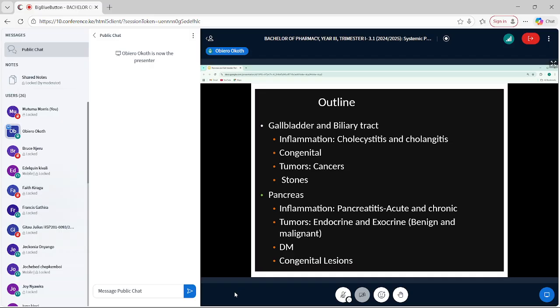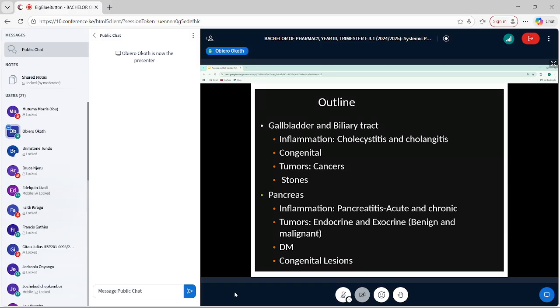So in the gallbladder, we are mainly dealing with the inflammation, so the cholecystitis, and then the gallbladder also has stones. So the two main lesions we are going to deal with in more detail will be the cholecystitis and then the stones. We call them cholelithiasis.